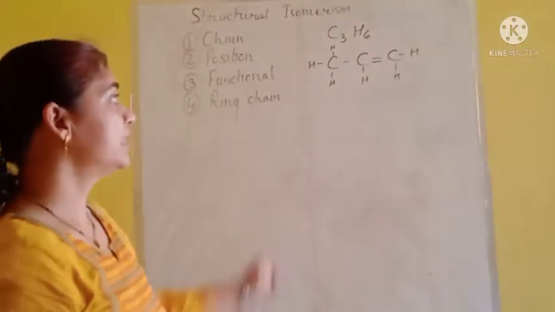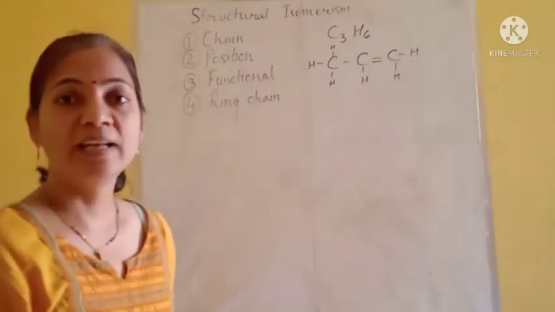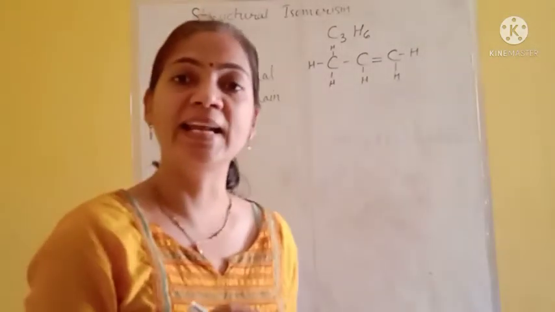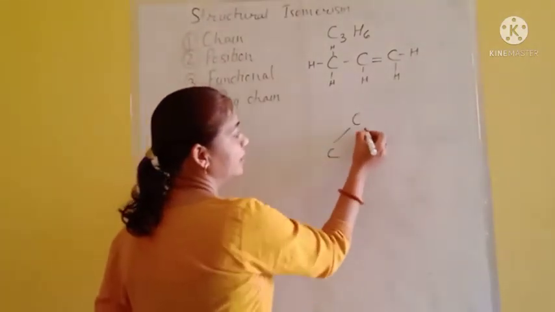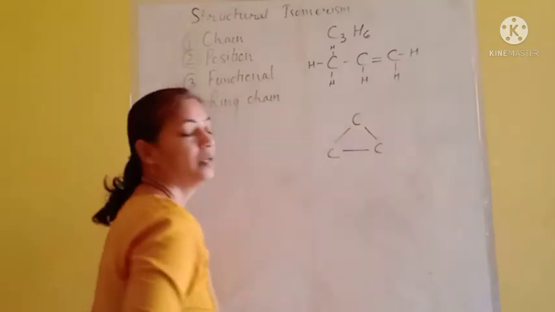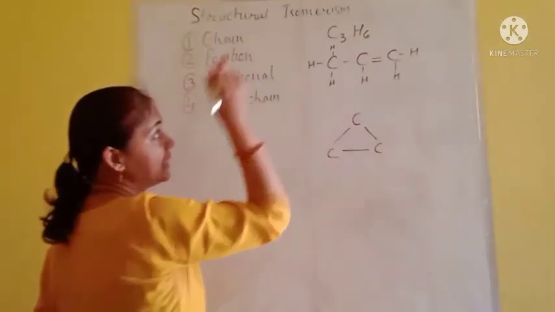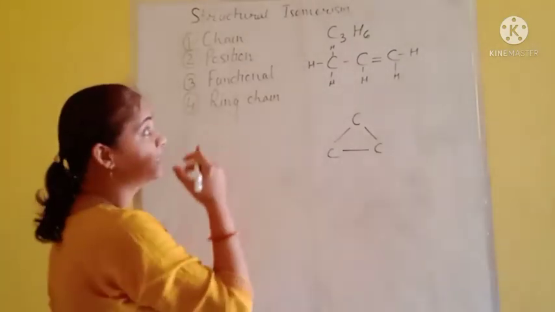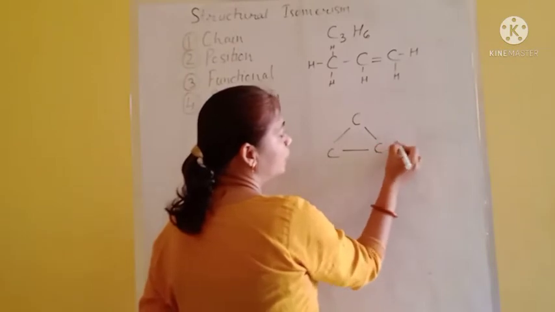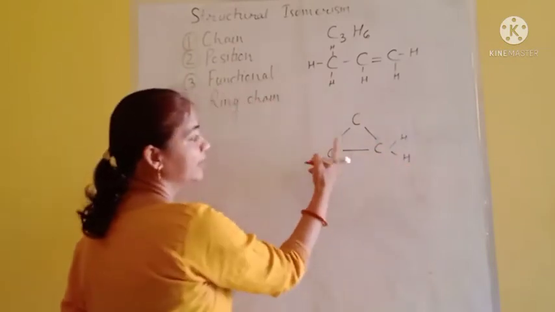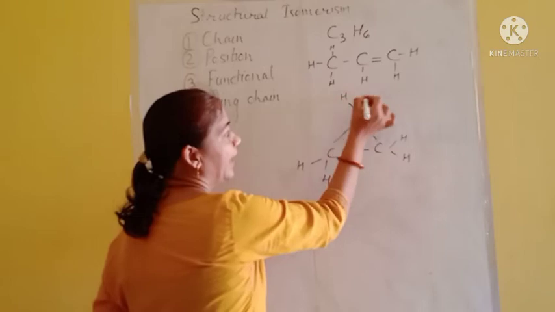So this is C3H6. Now this is a chain, right? What else can you draw with C3 and H6 in your hand? You can make a structure like this with 3 carbons, put them in a ring, and satisfy with hydrogen to check whether this gives C3H6 or not. Each carbon has 4 valencies satisfied.